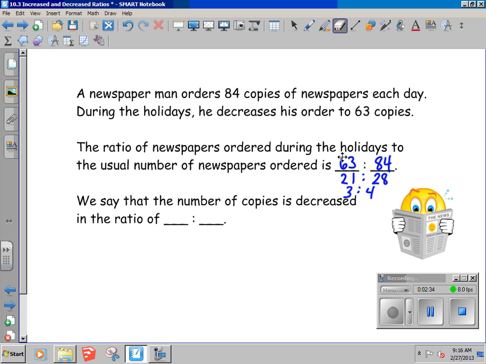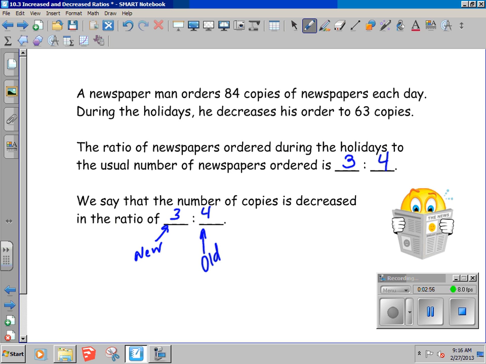Very good. So the newspapers are decreased in the ratio of 3 to 4 for the holidays. We say that the number of copies is decreased in the ratio of 3 to 4. Again, the new value always comes first, and the old value second.